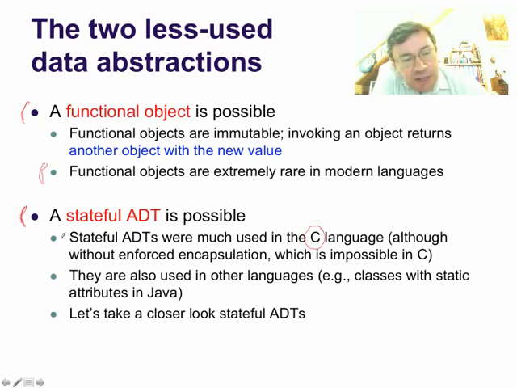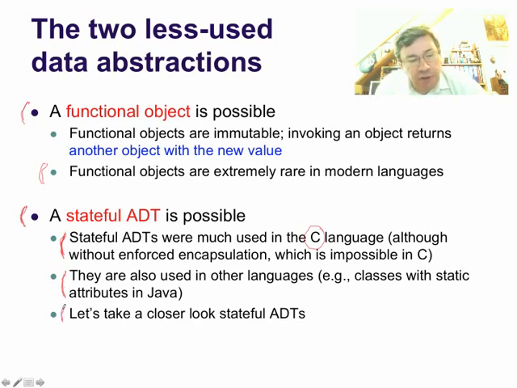In C, these were quite often used because C did not have objects. Unfortunately, C does not have enforced encapsulation, so the use of these in C depended on the programmer's goodwill and not looking inside them. They're also used in other languages. For example, in Java, we can have classes with static attributes, and since classes are a form of abstract data type, this gives us a stateful abstract data type.